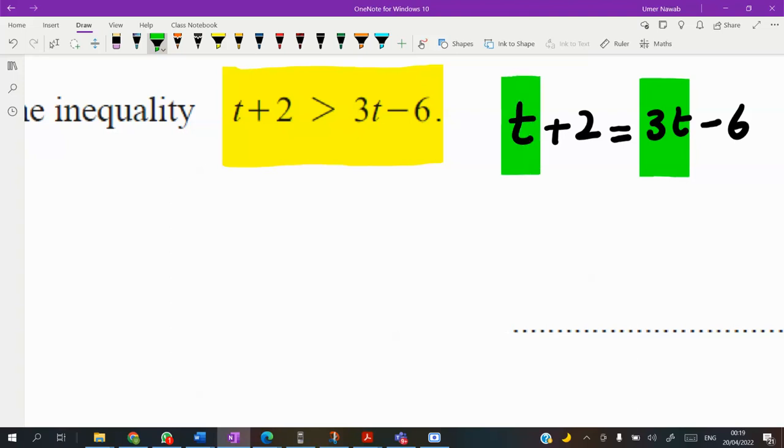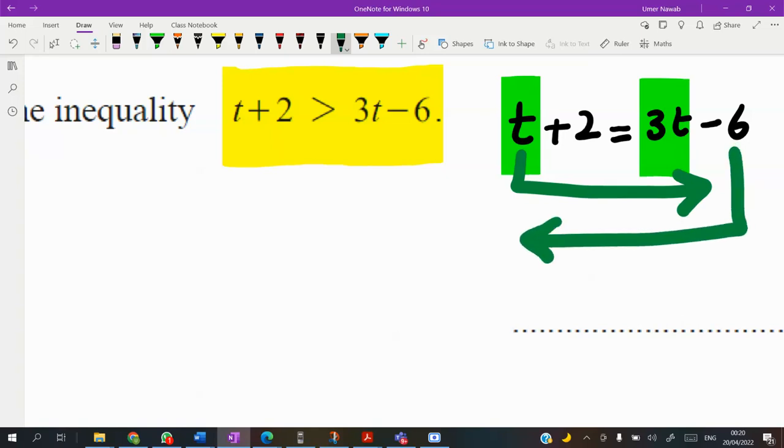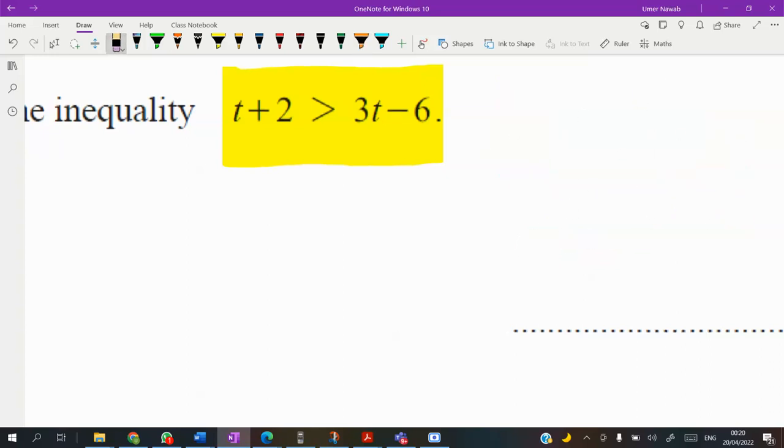So in order to keep your subject positive, you will send the t to the right and minus 6 to the left, because my intention is to make the subject t positive. So let's do this together. We will send the plus t to the right hand side, so this plus t will change to minus t.